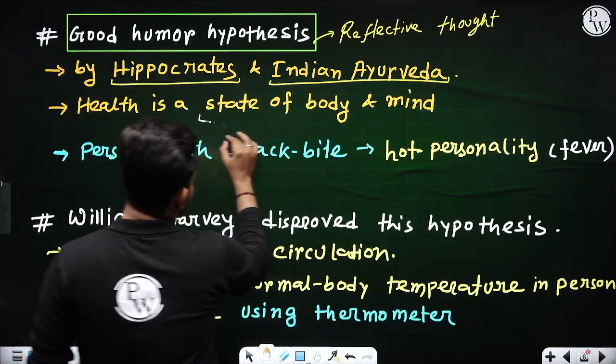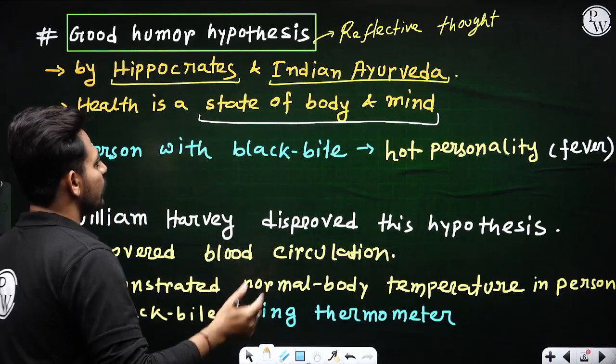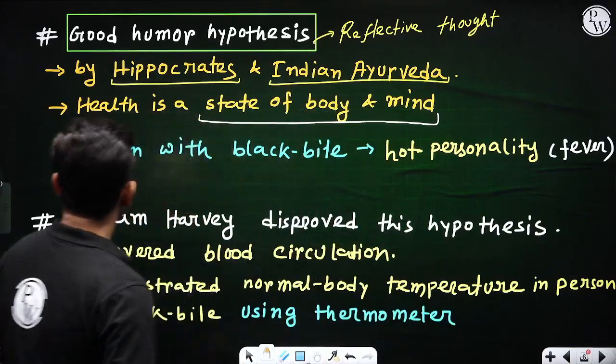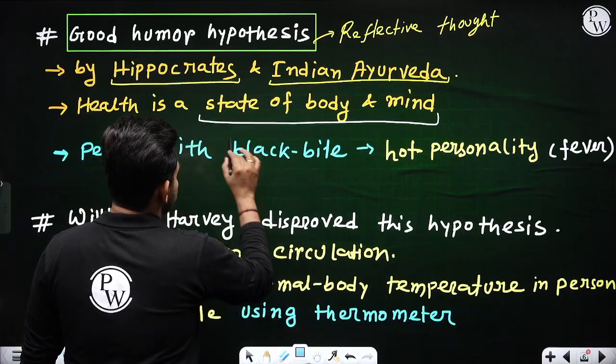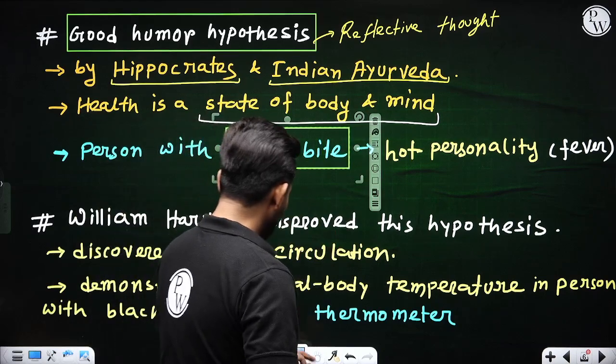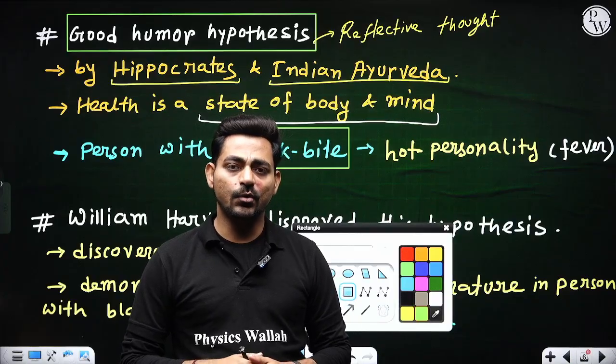What I just now said is that health was believed to be a state of body and mind with the balance of these 4 humors. Now you may ask, sir, how can we observe this black bile?